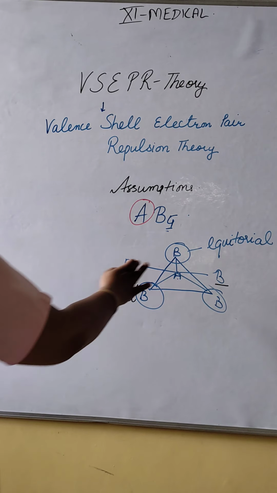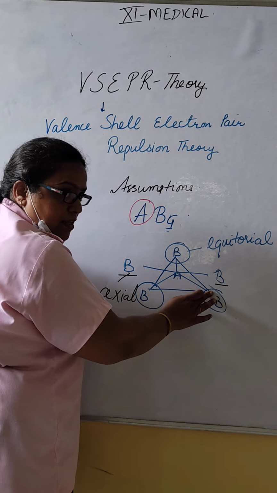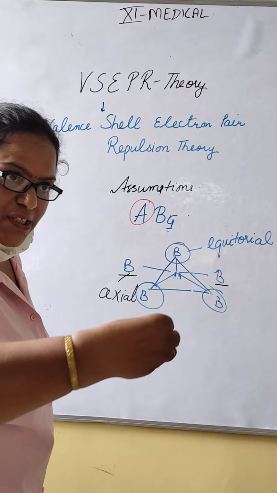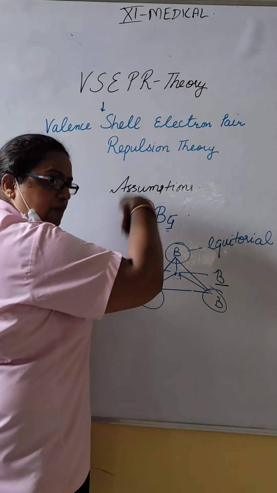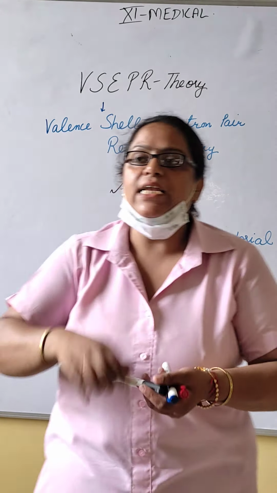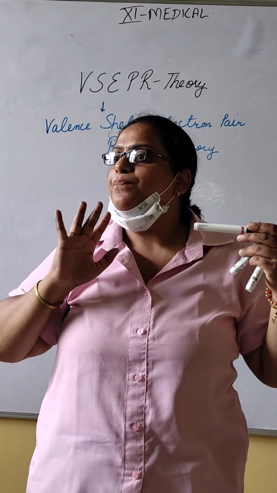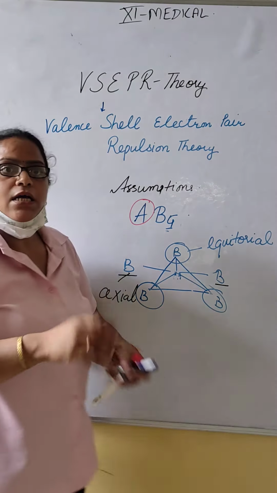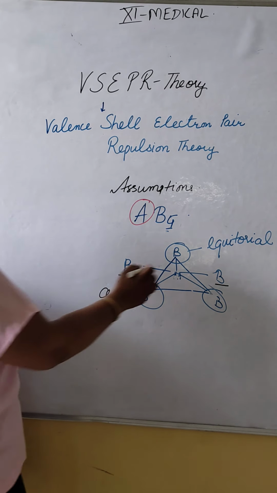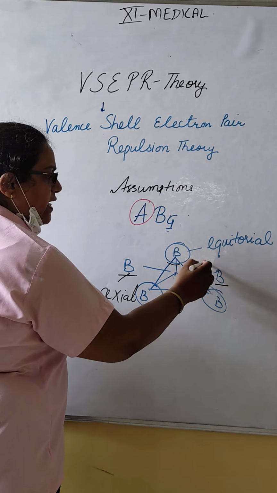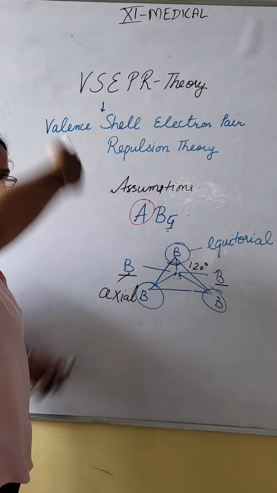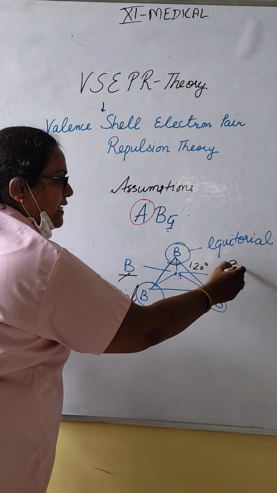On the 3 sides of a triangle, and one towards the observer, one away from the observer, or you can say one above the plane, one below the plane. Clear to everyone? The bond angle here is 120 degrees, and for above the plane and below the plane it is 90 degrees.